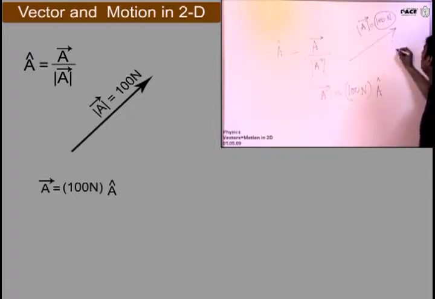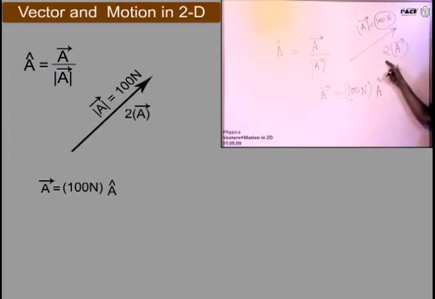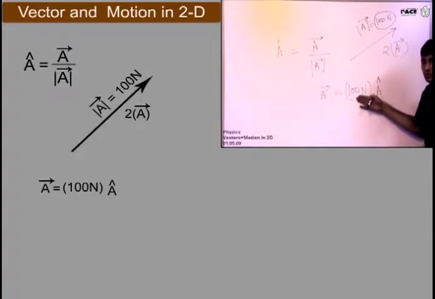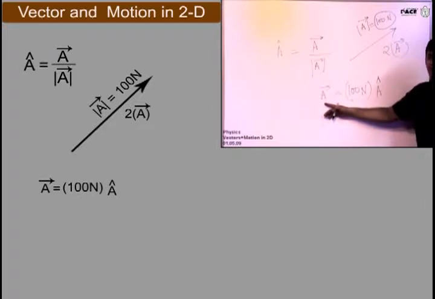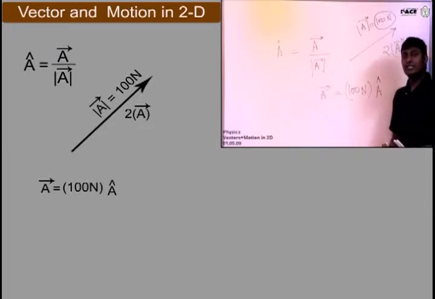When you multiply any vector by 2, तो इसका magnitude कितना हो जाता है? Twice. So if it is a unit vector whose magnitude is 1, and now you have multiplied it by 100 Newton, so the magnitude now is how much? 100. And the direction is A direction, direction of A. So that becomes A vector. Are you clear? Yes, sir.